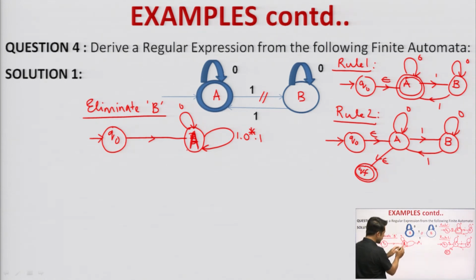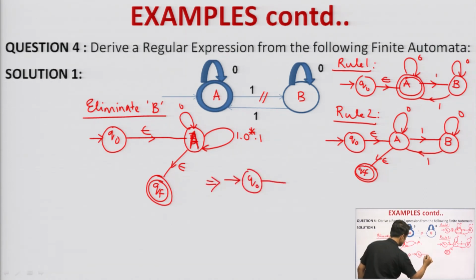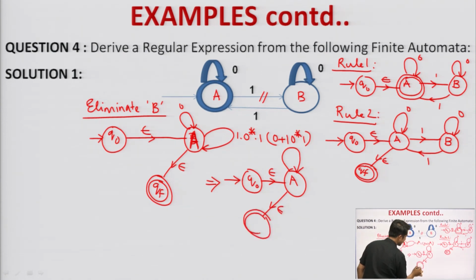From A I am already having an epsilon to the final state, that is QF. Now, I just need to merge these two self loops. If I merge these two, then it will be like this: q naught, epsilon to A, and the self loop will be 0 plus 1 0 star 1, and from here we are already having an epsilon to QF.